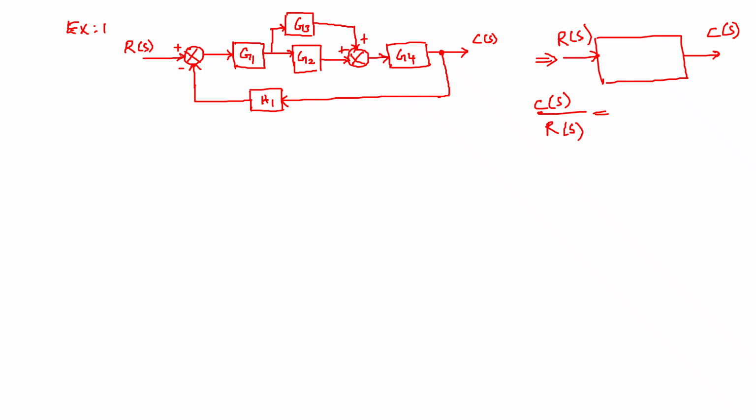Let us use the rules available. In reducing a closed loop system, the first point is to check whether we have series or parallel blocks available.